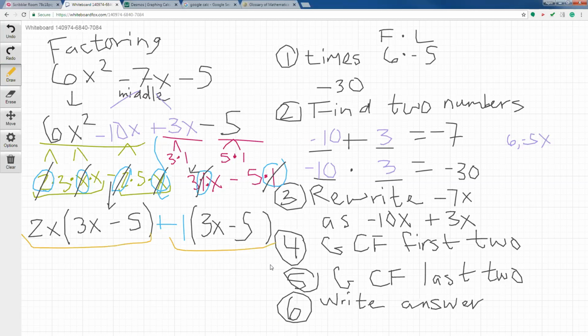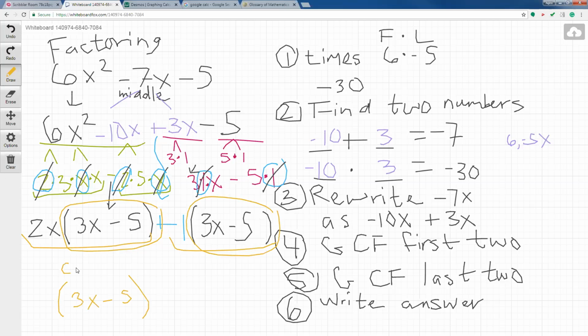Yeah, that 3x minus 5, this whole parenthesis, is in common. So that common parenthesis, we're writing first.